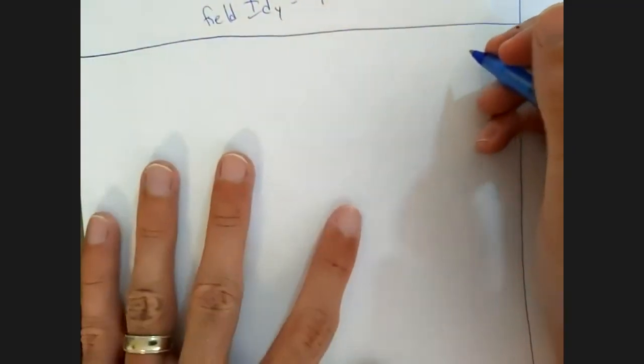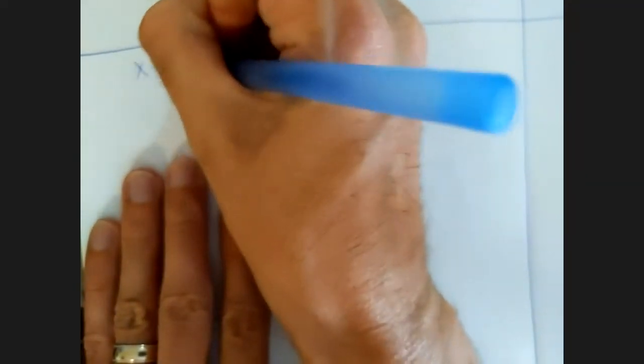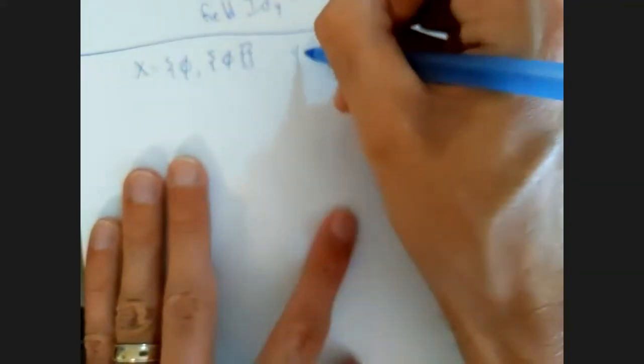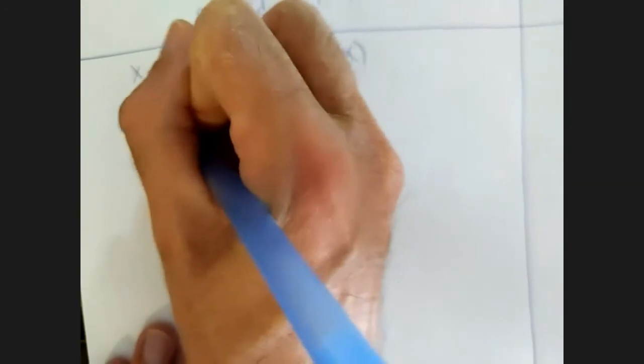Let me first, at the very top, write down what X and Y are again. Then let me remind you what the membership relation is.